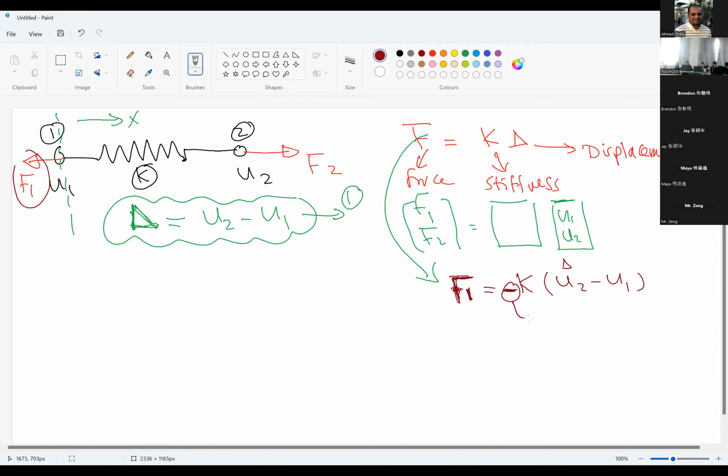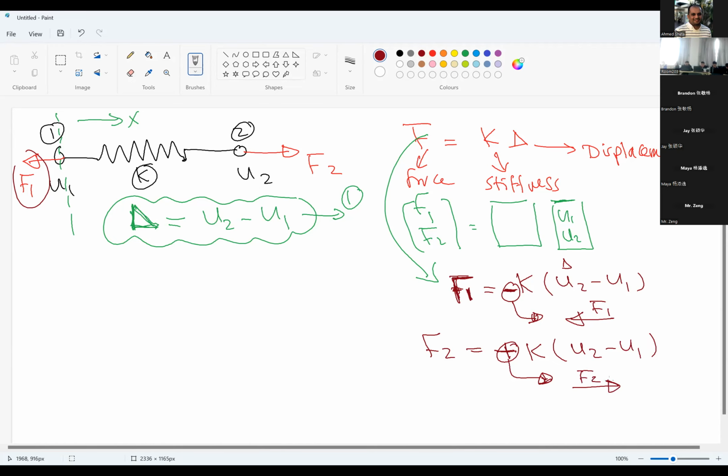For F2, it is going to the right, so it will be positive, and the force is K times U2 minus U1.